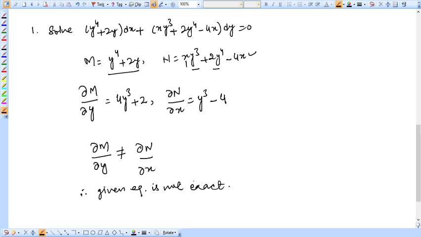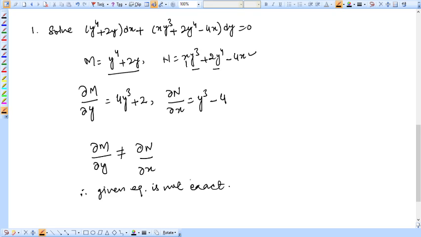So now the question is how to find its solution, right? We have seen a number of methods to find the integrating factor. Because this is not exact, now we want to make it exact, and the integrating factor is the only way to find its solution.